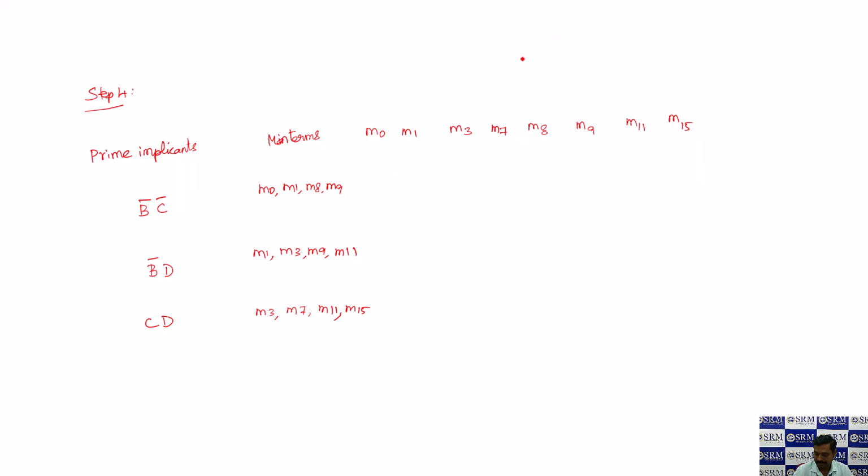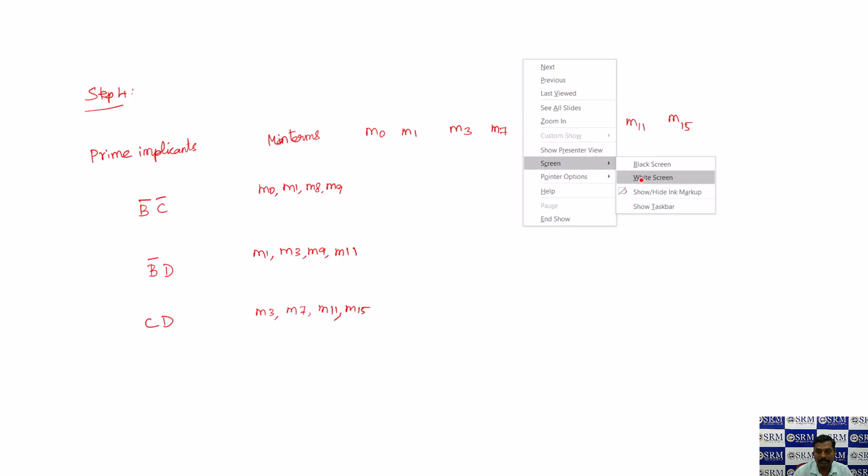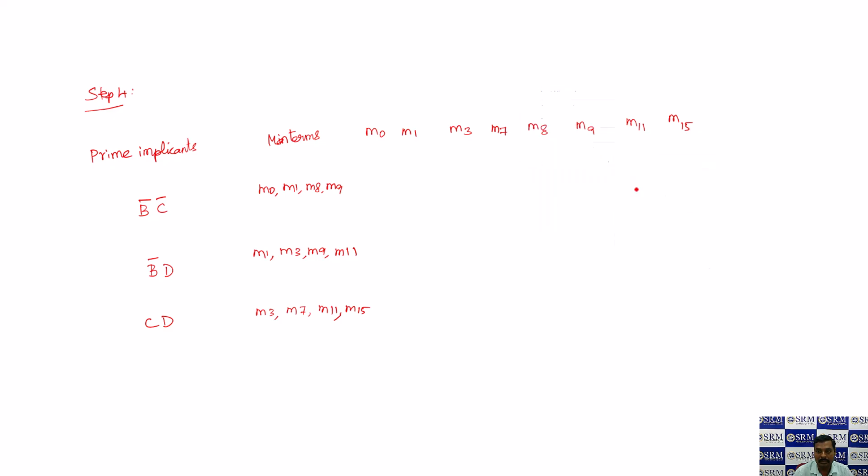So I am marking it as star M0, next M1, next M8, next M9, right?